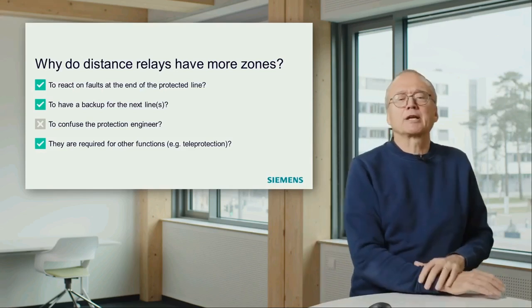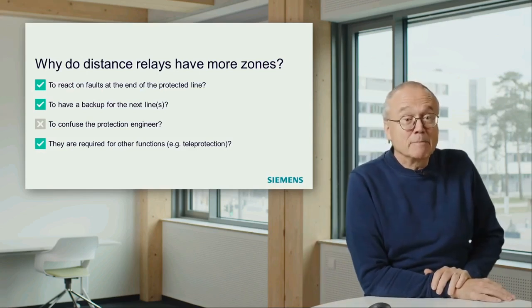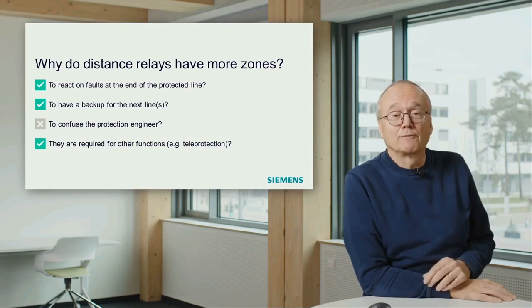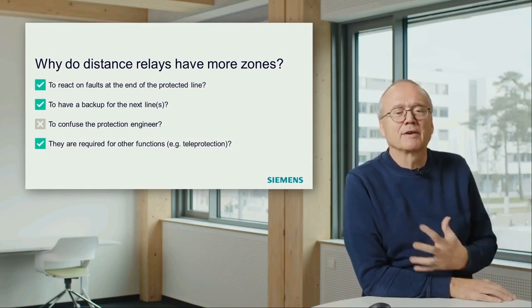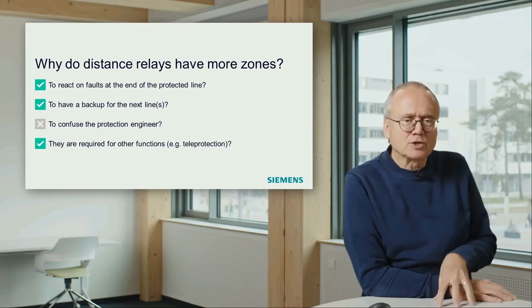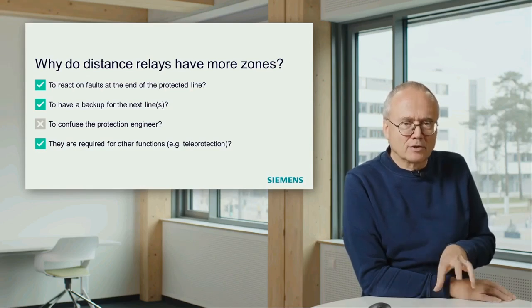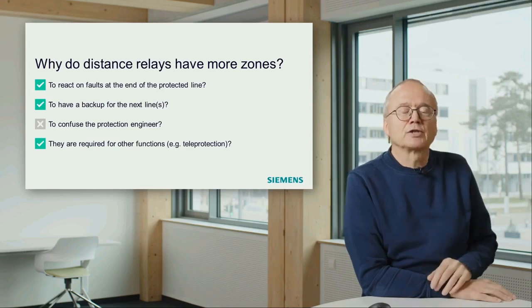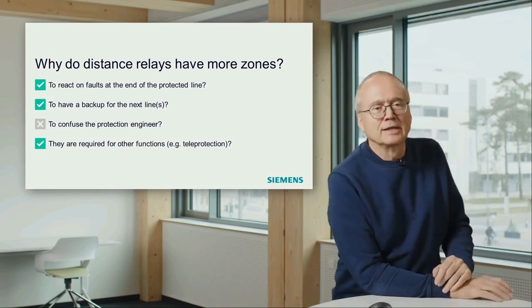Some people sometimes have the impression, and I had many discussions on the number of parameters and setting values and functions we have in the protection relays. Yes, the distance protection function is a complicated function.